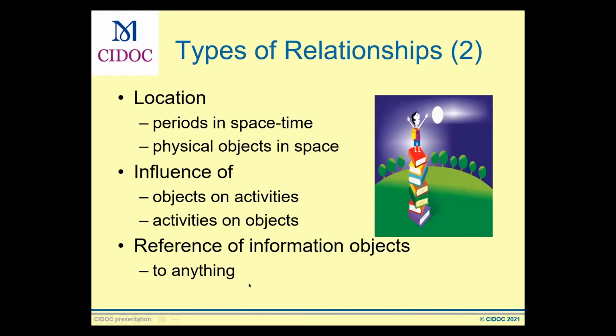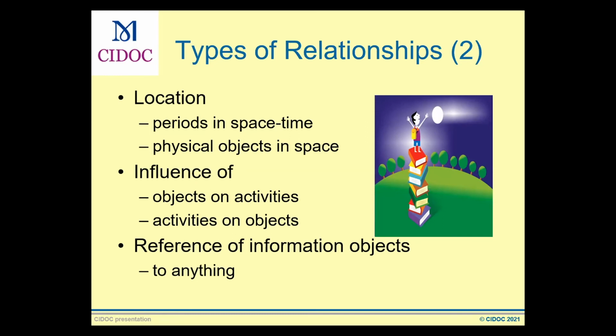We have the ability to identify where things are in space and in time. So we talk about periods existing in space-time. So a period is some social, cultural phenomenon bounded in space and time.